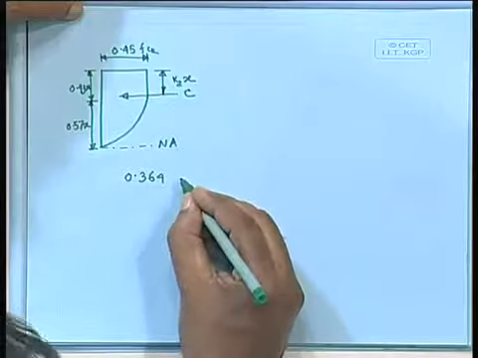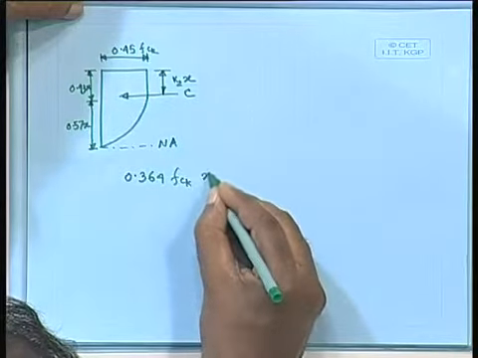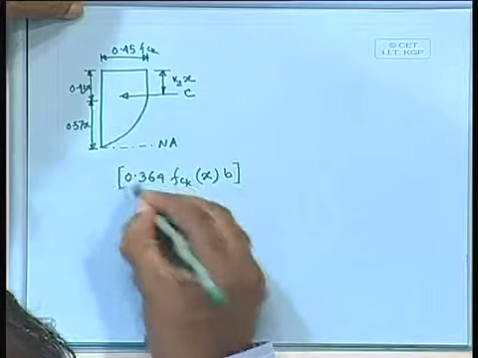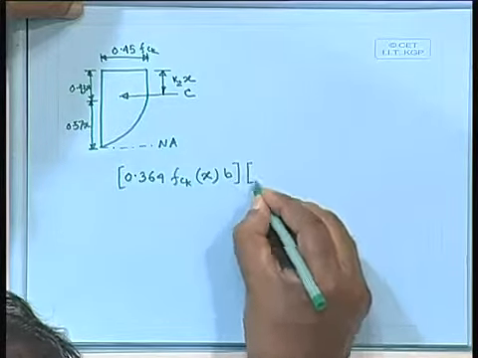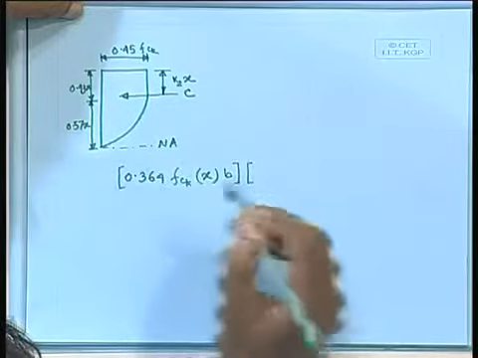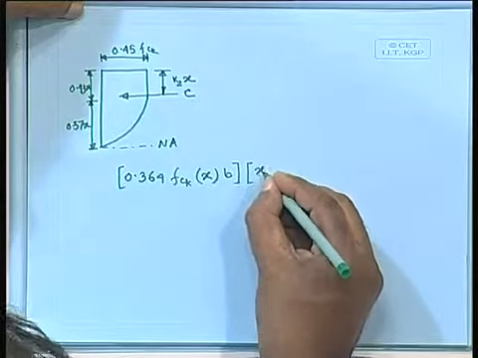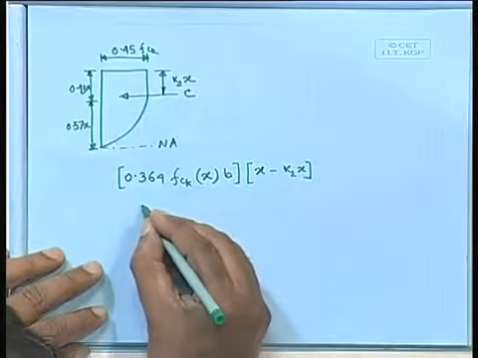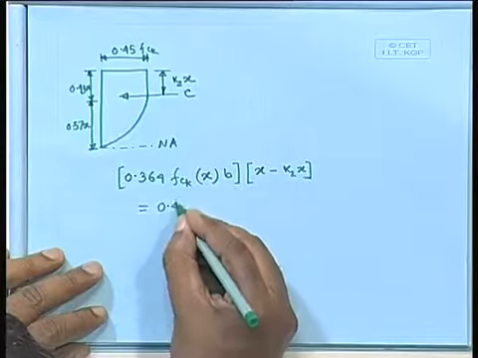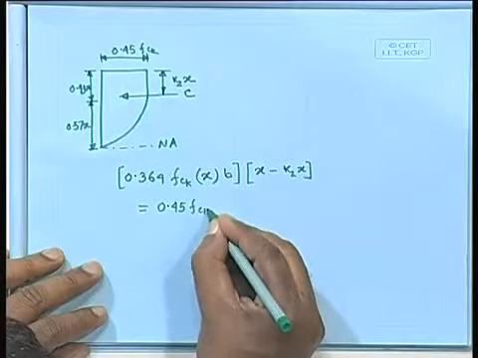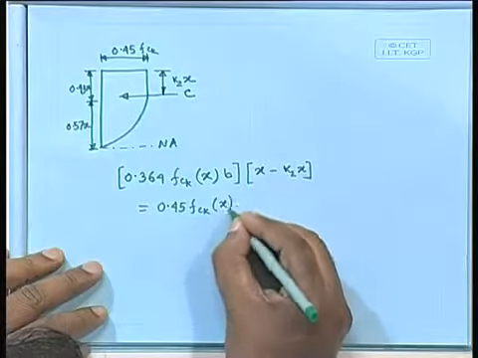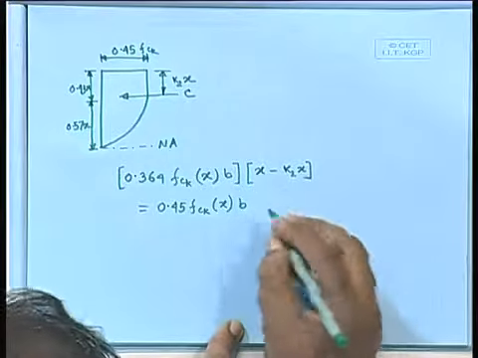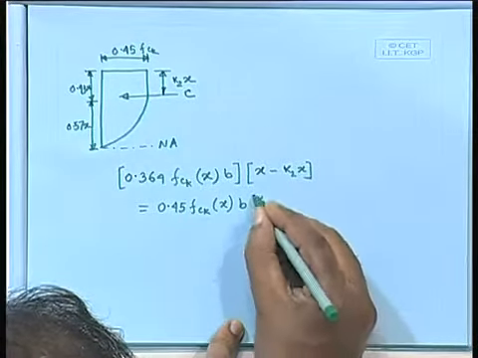0.364 fck xb, this is one term, that is the total force, and we are taking moment about this line, x minus K2x, which is equal to 0.45 fck xb times x by 2.